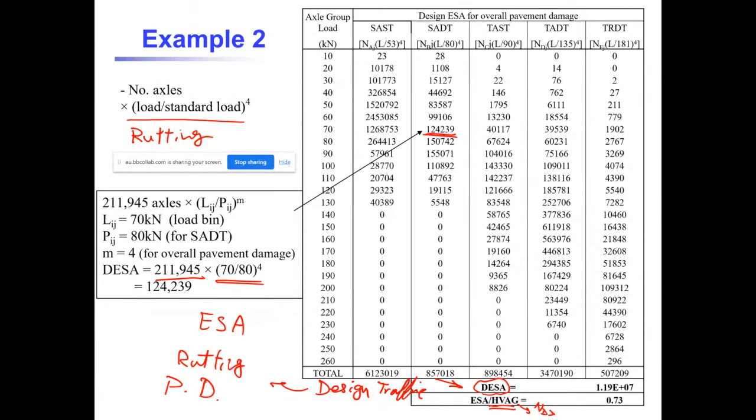So the design traffic over NDT will give you the value of the damage index. And we generally show the results like this. The damage index is 0.73. So is this clear how we determine the design traffic?